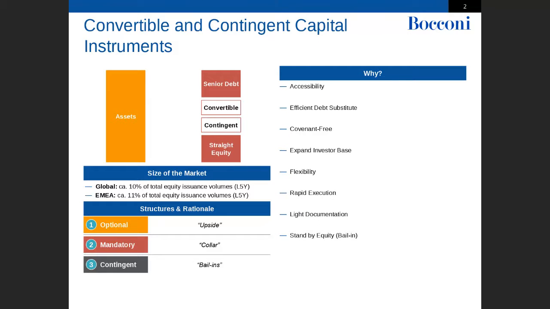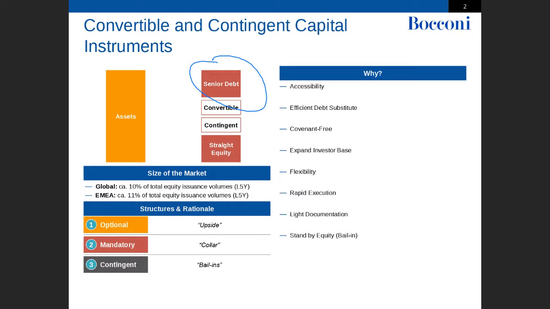Contingent capital and convertible. In sessions with other professors, you have been talking about how to raise capital as debt, so you position yourself on the top end of the liability side.